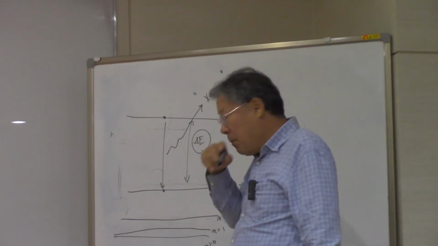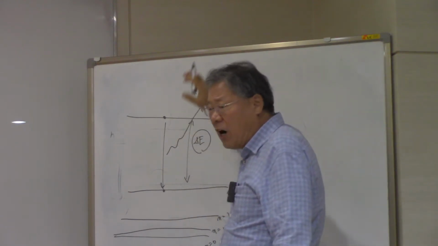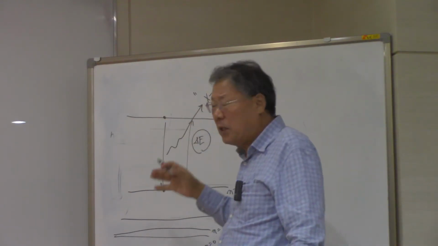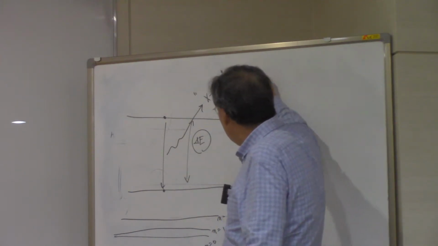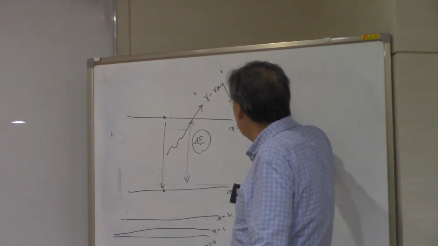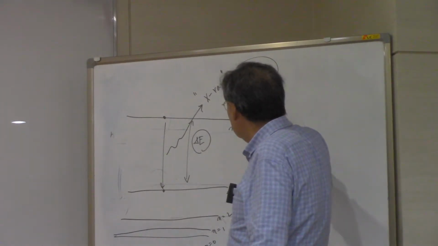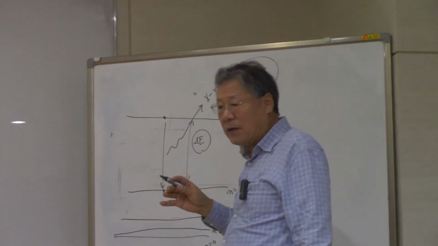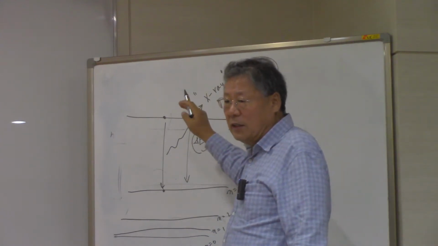Okay? So if the n value is large, like 100 or something like that, then the energy gap between n equal to 100 and 101, for example, is going to be tremendous. The delta E is going to be very, very big. So it has to emit the X-rays in that case.